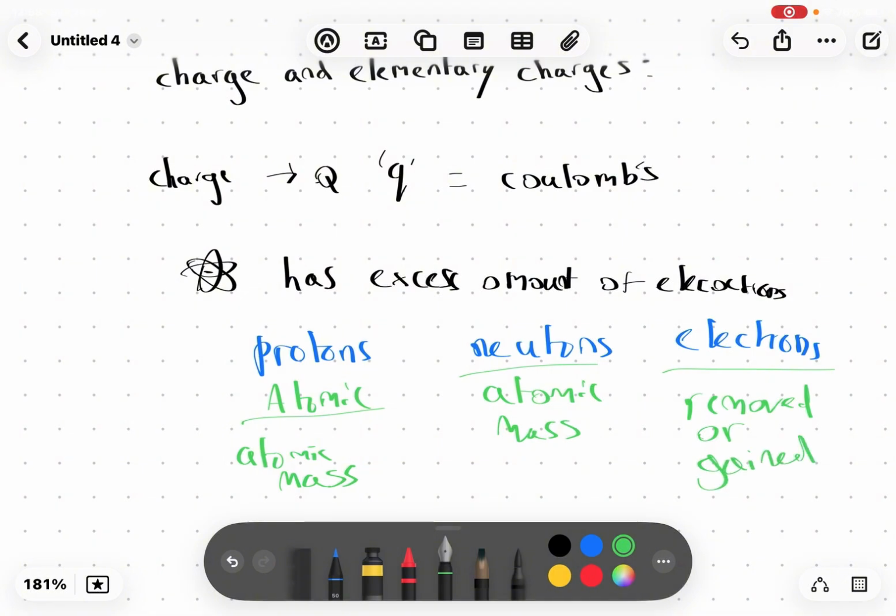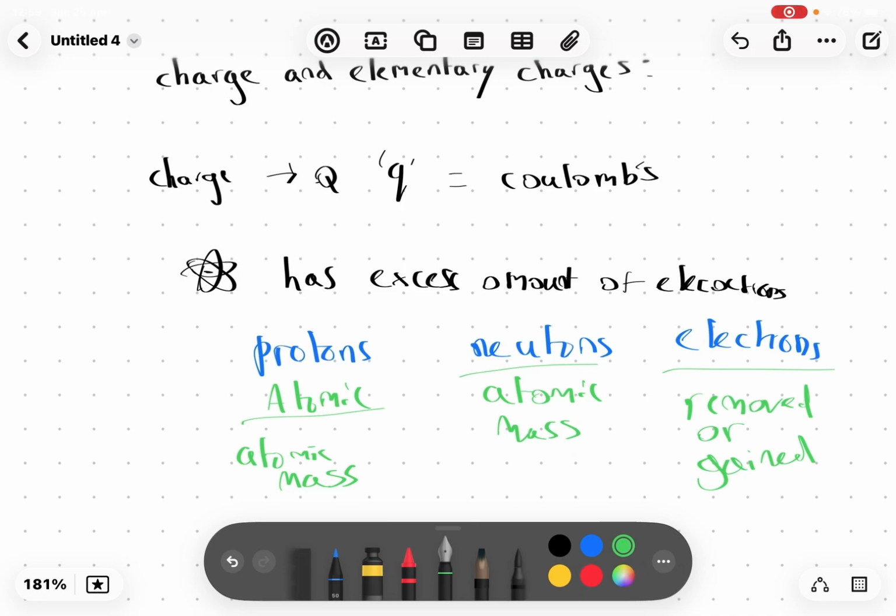So in general, an object is charged when it has more electrons or more protons than needed.